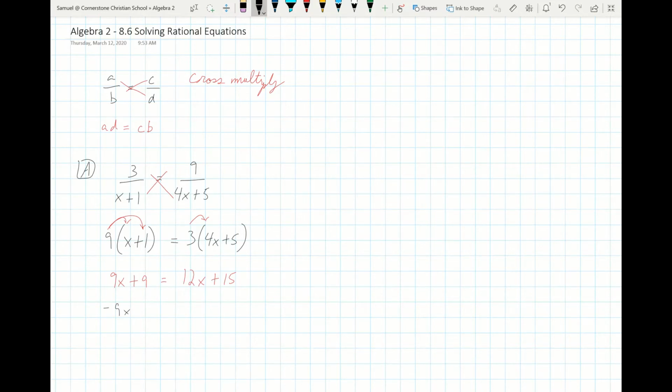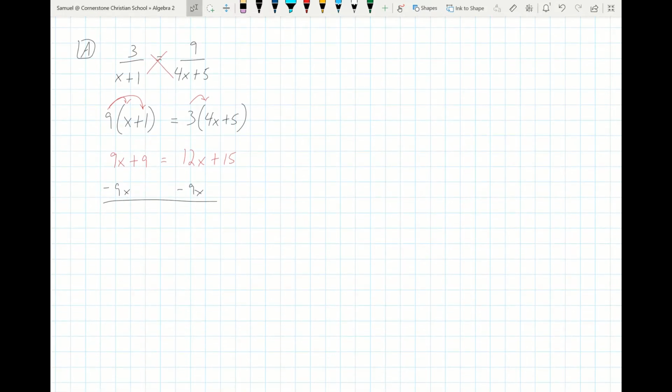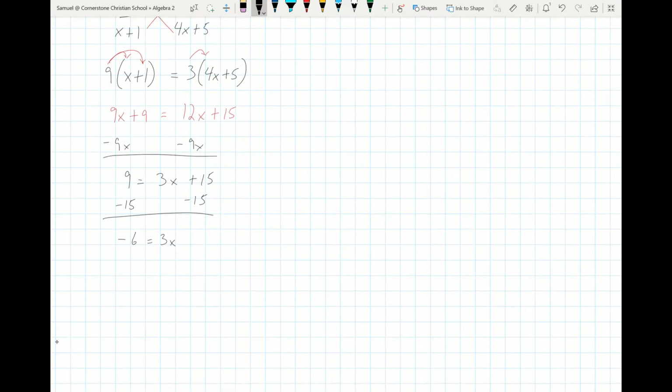Subtract 9x from both sides. Going to end up with 9 equals 3x plus 15. Subtract 15 from both sides. So negative 6 equals 3x. Divide both sides by 3. You end up with negative 2.